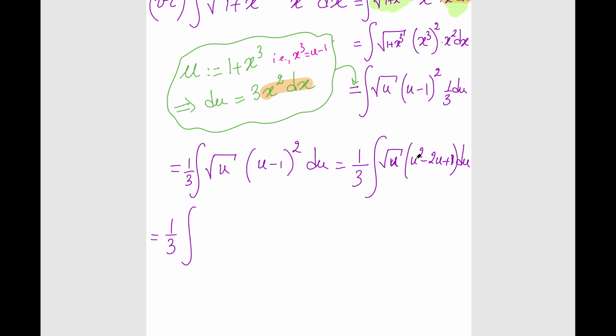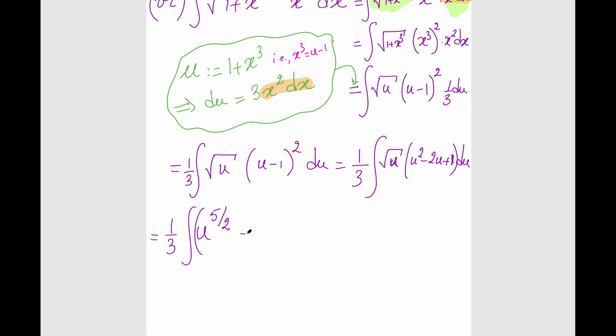What's square root of u times u squared? Multiply these guys. You add the powers, right? This is square root of u times u squared, which means u to power 2 plus half, and 2 plus half is u to power 5 halves, right? 2 plus half is 4 plus 1, so 5 over 2.